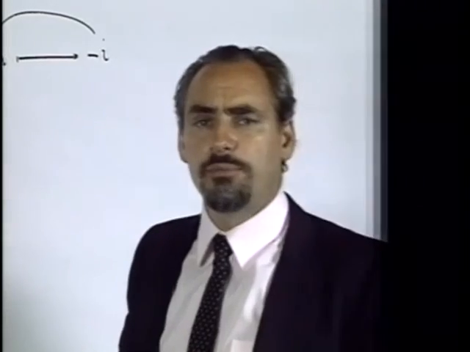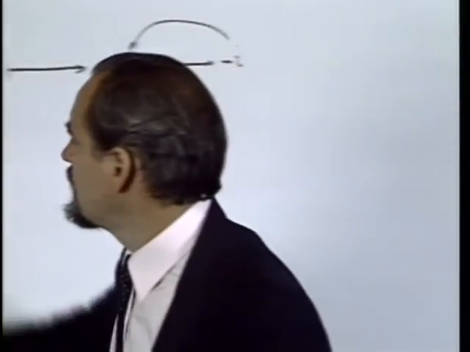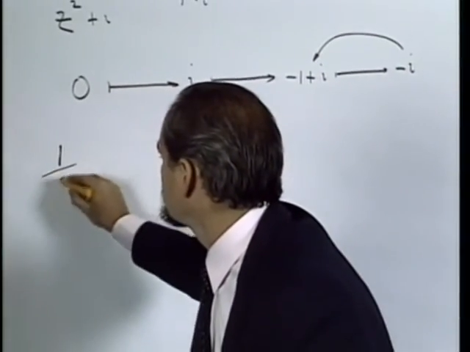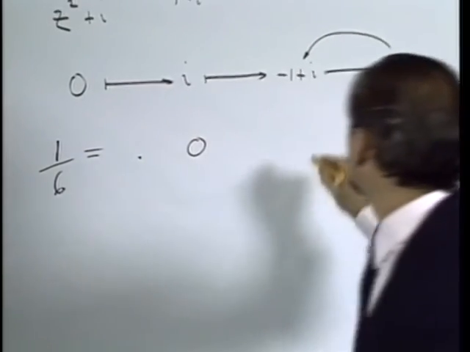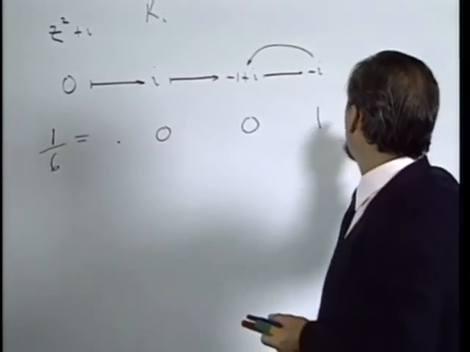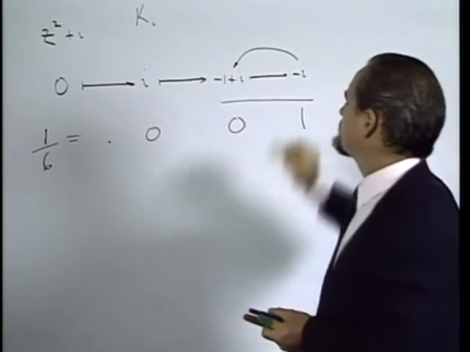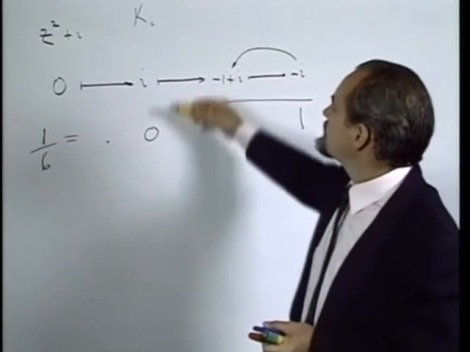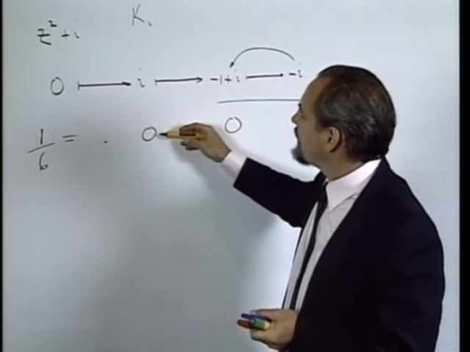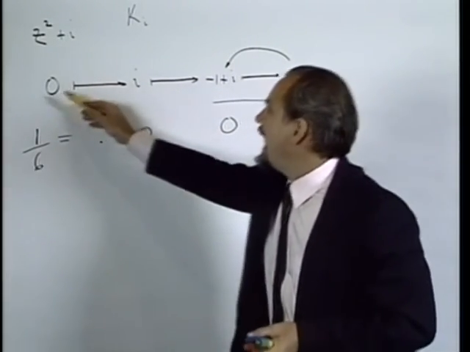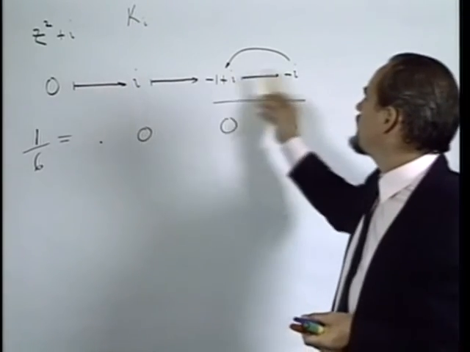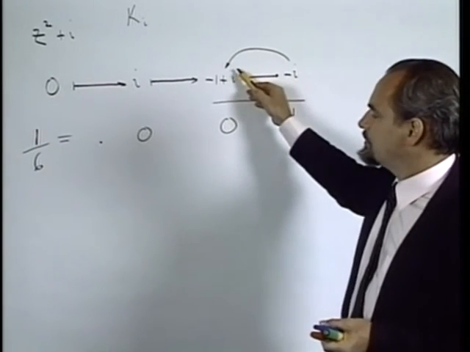If you write the number 1/6 in base 2, 1/6 is equal to 0.0010101, which repeats. I've written it so that the similarity of these two expressions can easily be seen. 0 after one move lands on a periodic point of period 2.